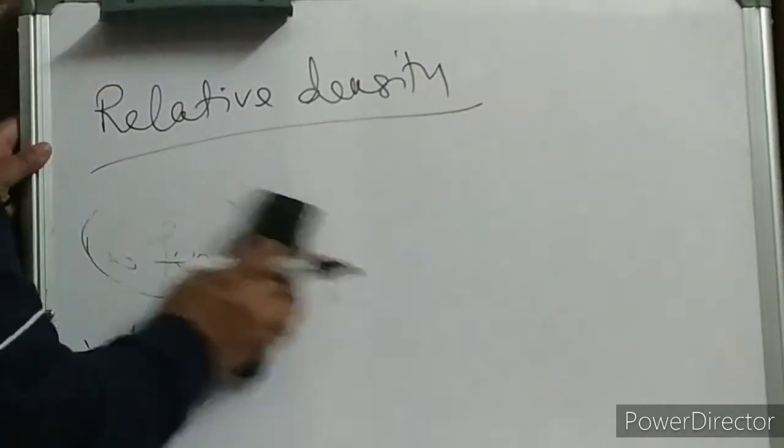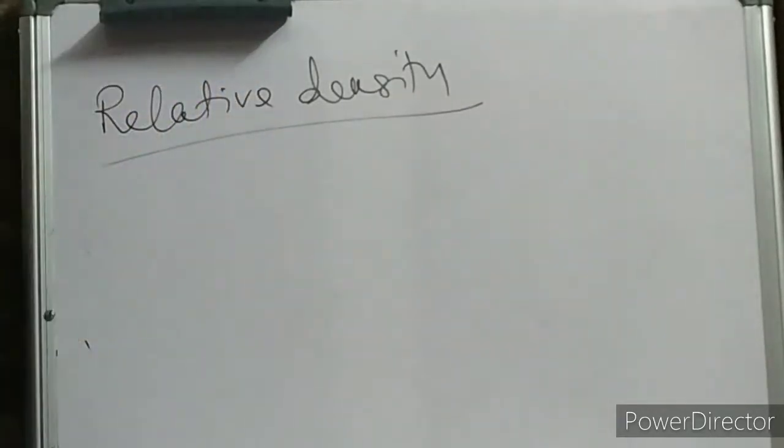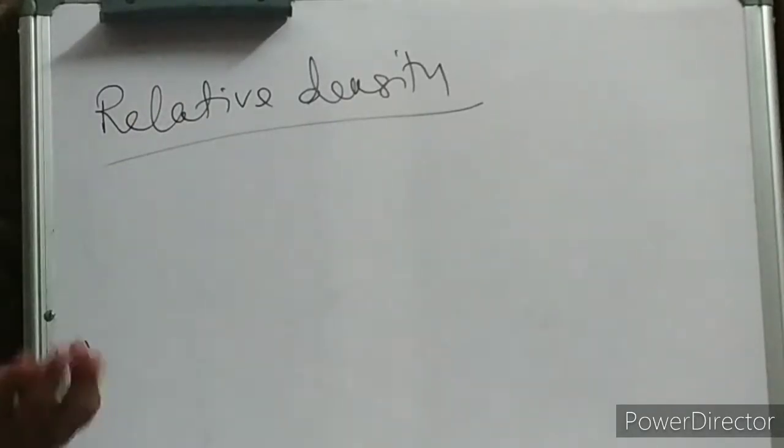So here we are relating two densities. And in your syllabus we are taking water as the reference. That means we are relating two densities. One is the density of a substance, anything, wood, gold, silver, whatever it is, and you have to compare that with water.